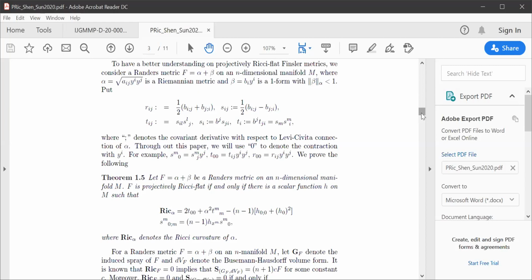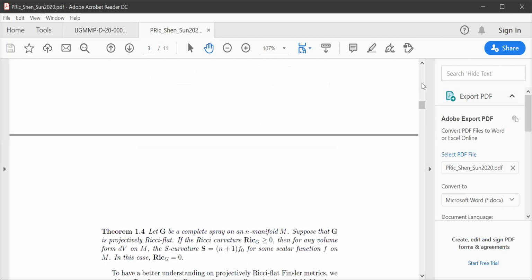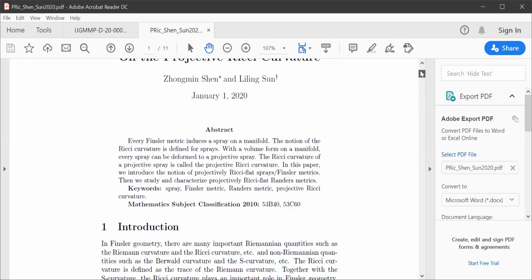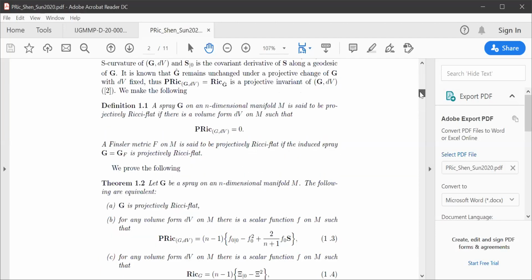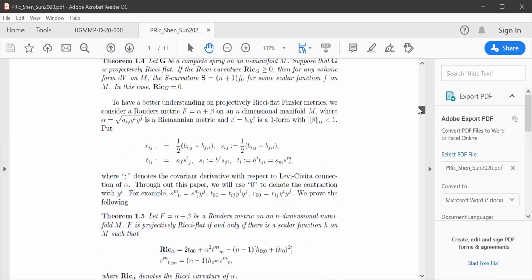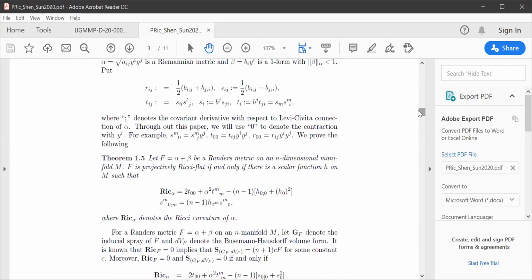So then you can similarly consider, for alpha beta matrix, project Ricci-flat alpha beta matrix. I don't expect you can solve it. Maybe the equation is a little bit simpler, like our case here for randoms matrix, right?